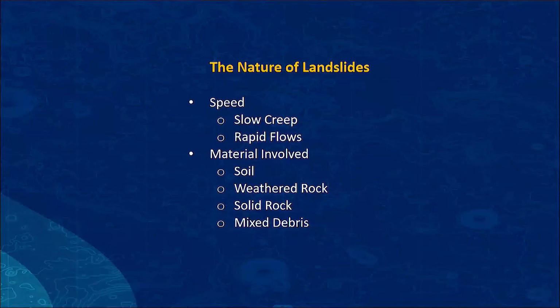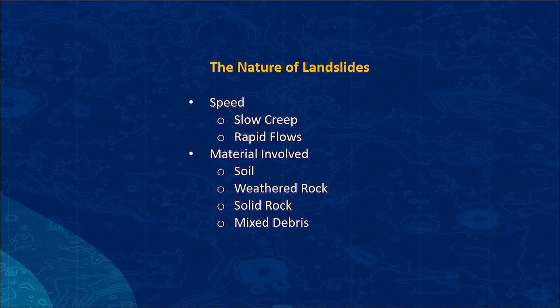First, speed. Landslides can move at very different speeds, from extremely slow to extremely fast. Here are the two main types. Slow creep. This is a gradual, very slow movement of soil or rock downhill, usually only a few centimeters per year.